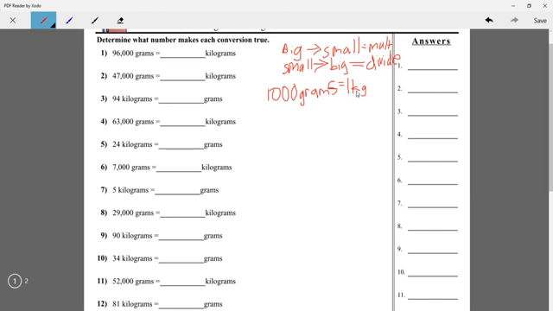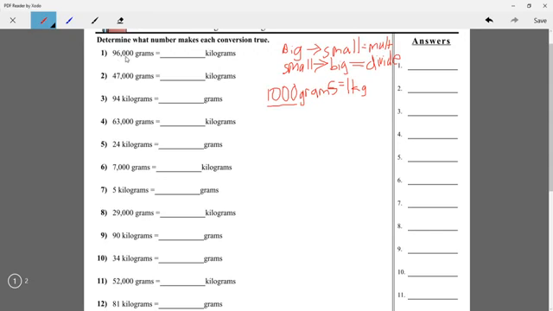Okay? So kg is kilogram. Grams, you can usually just put a g. So 1,000 grams equals 1 kilogram. So the conversion rate is 1,000. So that means we're either multiplying or dividing by 1,000. And to do that, all we're doing is moving the decimal, okay, which I will show.